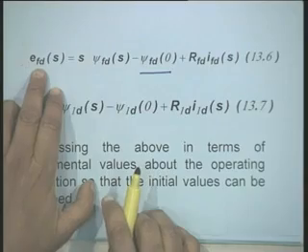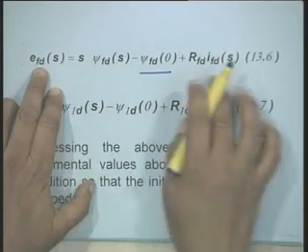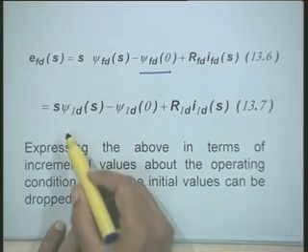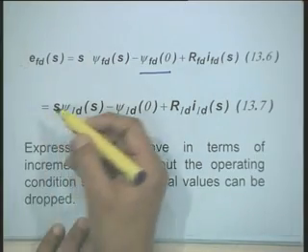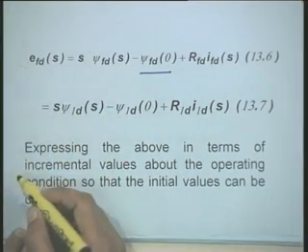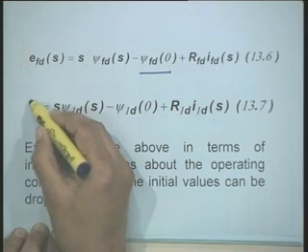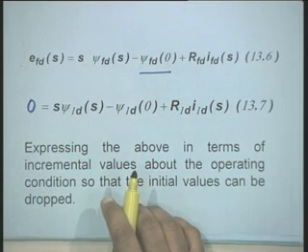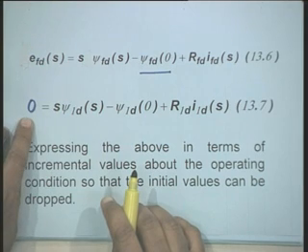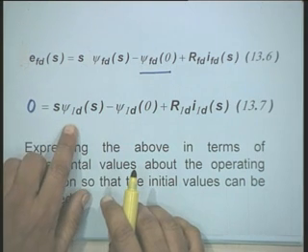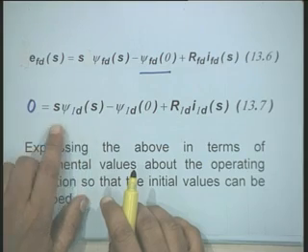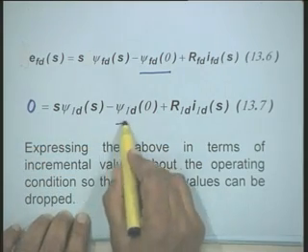Now the equation for E f d has a derivative term, and therefore this appears. Similarly, we write an equation for the damper winding. There is no applied voltage, but still we have d by dt of psi 1 d. Therefore, again you will find that initial value.